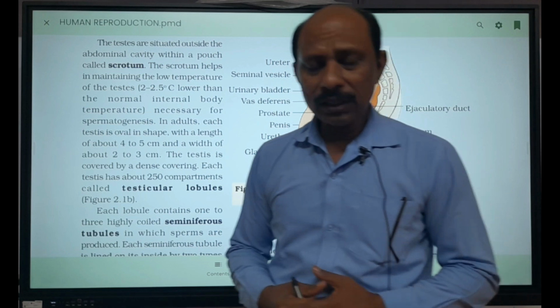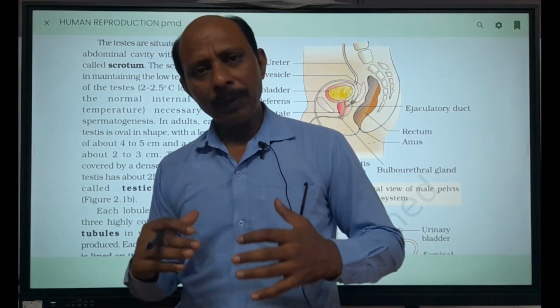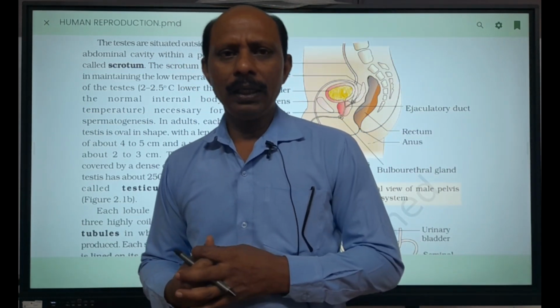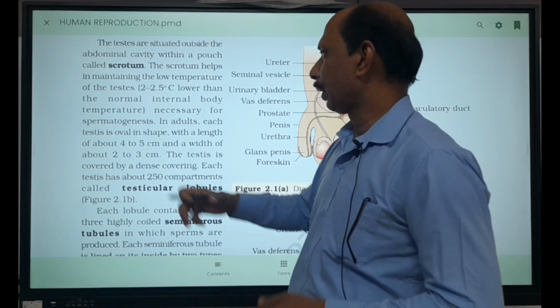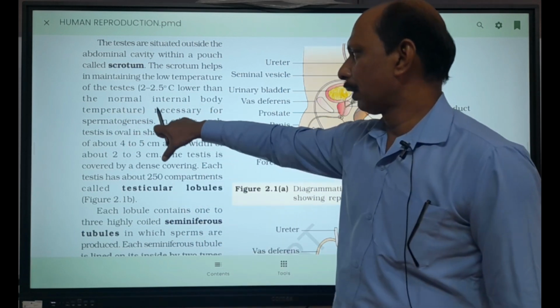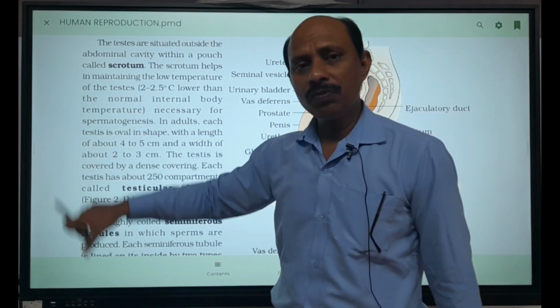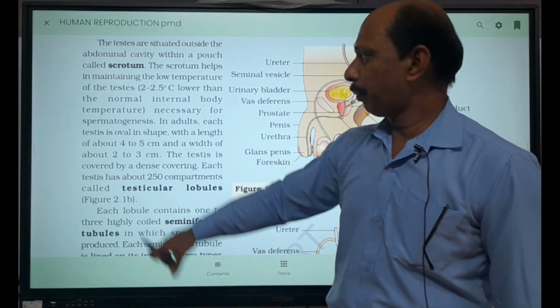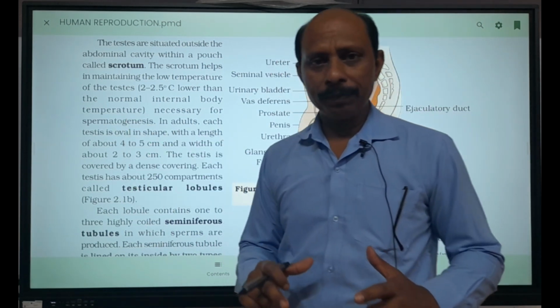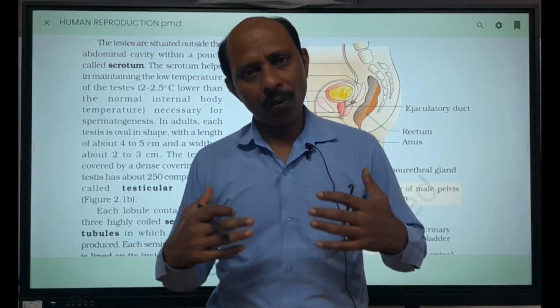Our body temperature is 37 degrees centigrade, so the testis is at only 35. This lower temperature is very important for spermatogenesis. That's why the testes are located outside the body.